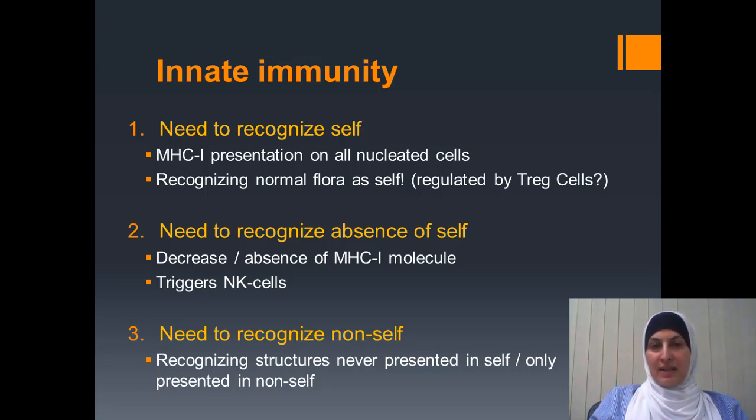The other part of the self, which we mentioned last time, is the normal flora, and we stated that normal flora is part of the innate immunity because it prevents the anchorage or the attachment of more pathogenic bacteria. Still, these normal flora, although they are not self and they are not presenting the MHC molecule, are considered as part of the self.